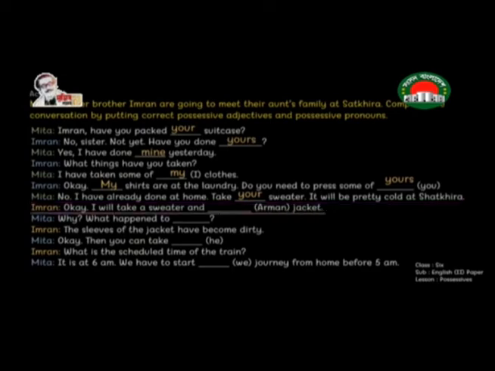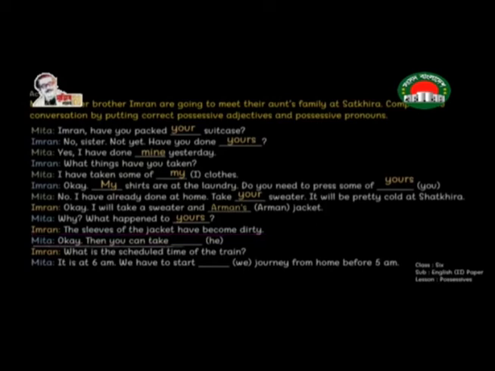Imran is answering, okay, I will take a sweater and here, bracket, Arman. That means the jacket of Arman. The answer will be Arman's jacket. Mita is answering, why? What happened to yours? That means your jacket. Imran is saying the sleeves of the jacket have become dirty.